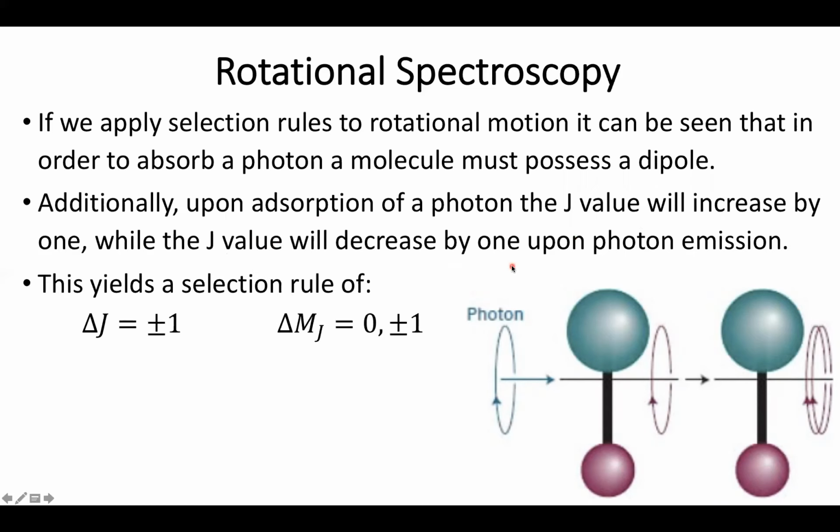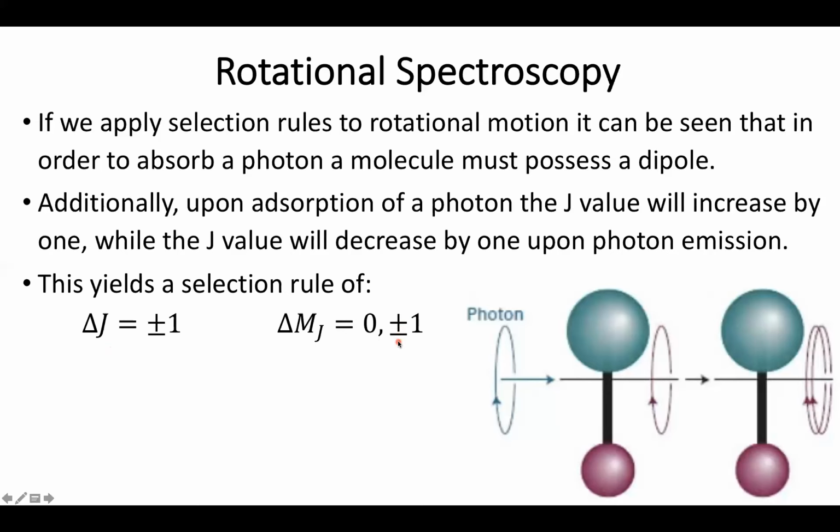Now, this leads to our general selection rule: if I am absorbing a photon, my rotational state has to change by 1, but the angular momentum in the z direction can either stay the same, increase, or decrease by 1.